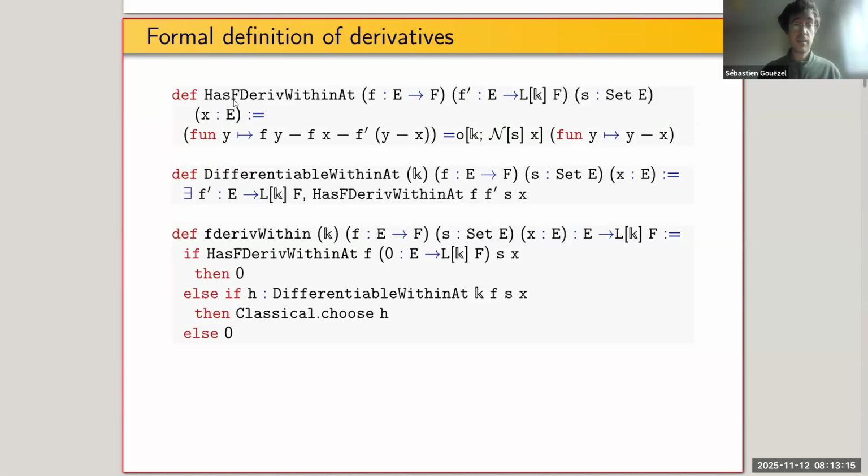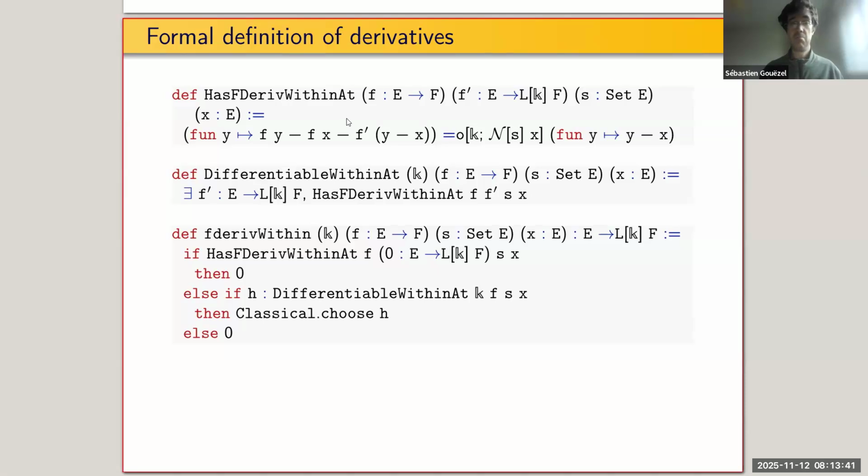The first predicate is HasFDerivWithinAt, where F stands for Fréchet, and says that some map f has within a set S a derivative f prime at a point x. The definition is exactly the one I told you before: the difference of f and the linear approximation should be negligible with respect to the difference between the points.